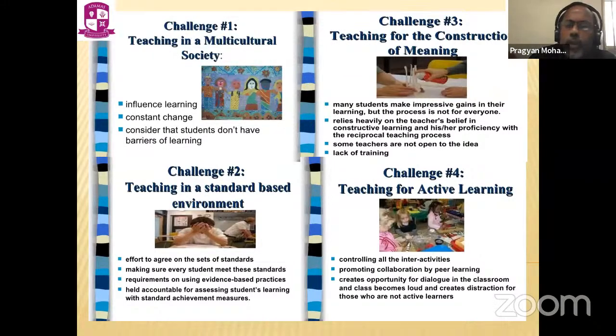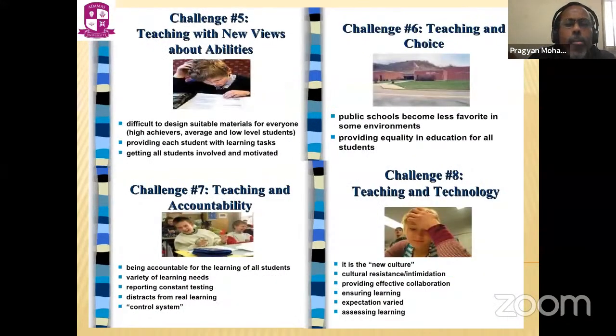Then the fourth challenge, that is teaching for active learning. It is not always possible to have a collaboration effect or interactivity. That may be a problem for different students. Okay. Now teaching with new views about abilities. When the students are asked about their views and their needs, and they give some new ideas, it becomes very difficult for us to introduce that into our teaching strategy, right?